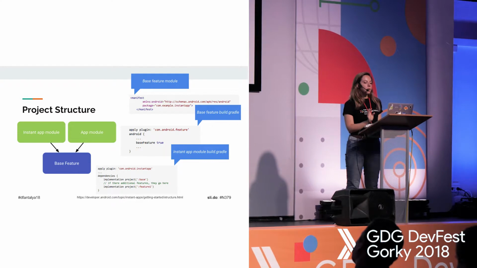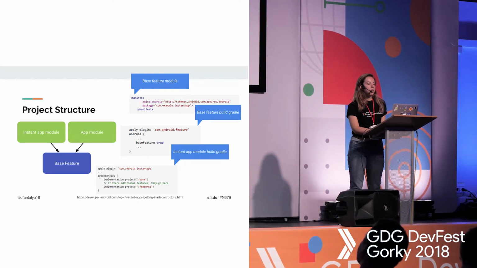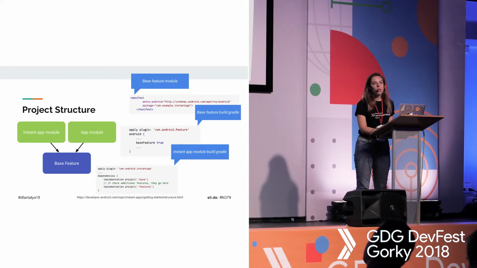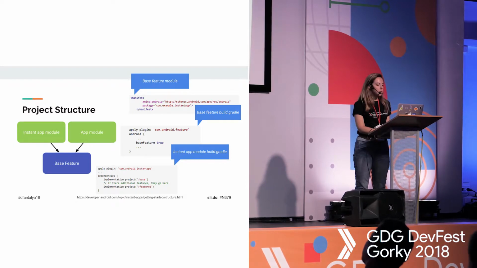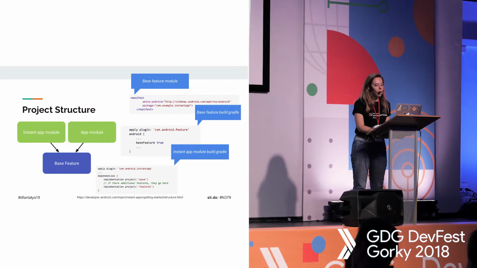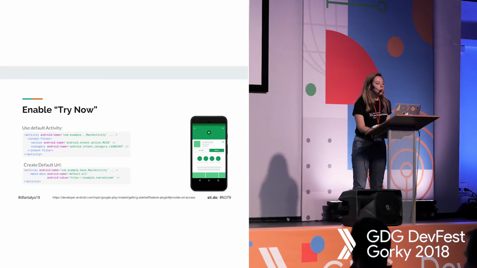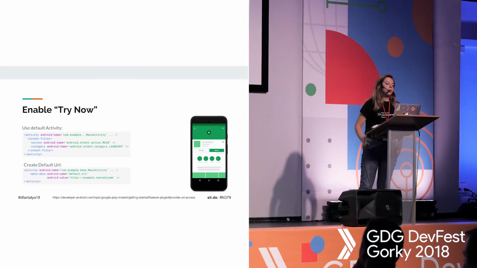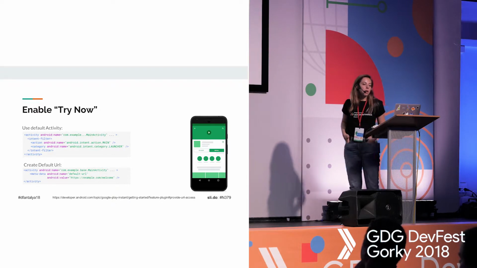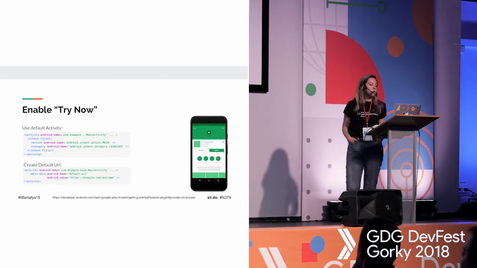By the way, nothing changed in the installed app version. The plugin is still application, and you will add the dependency as base feature. You can activate the links for the Try Now button in two different ways.